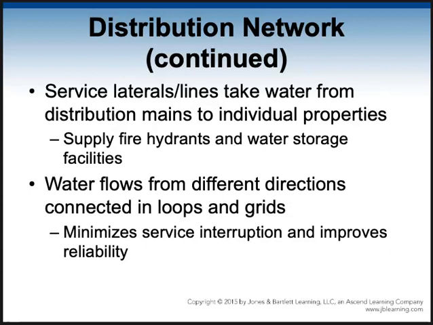So we're going to use the same water distribution system, but once it gets to the property, there's going to be one set of pipe that goes in to go into the faucets and the toilets and the showers and things of that nature, but a different system that's going to go to the fire protection.